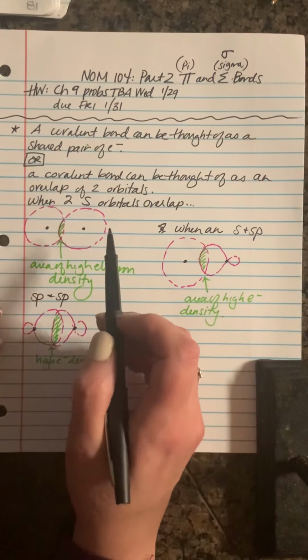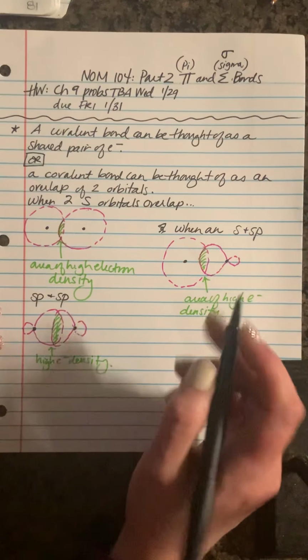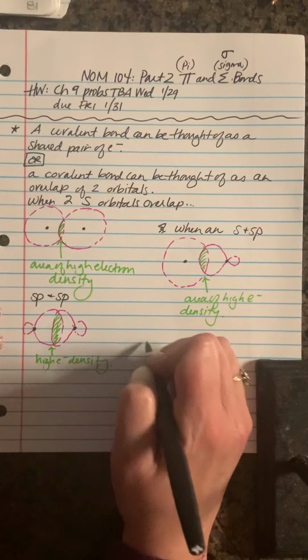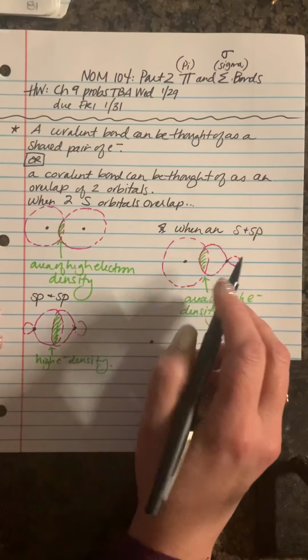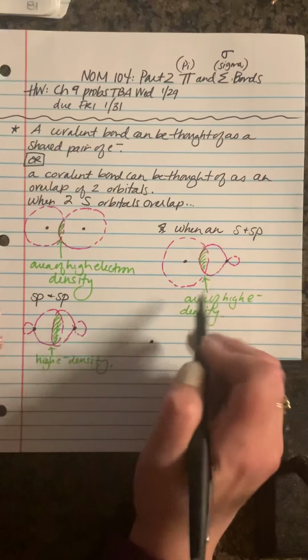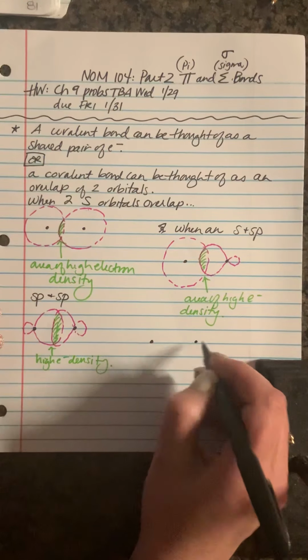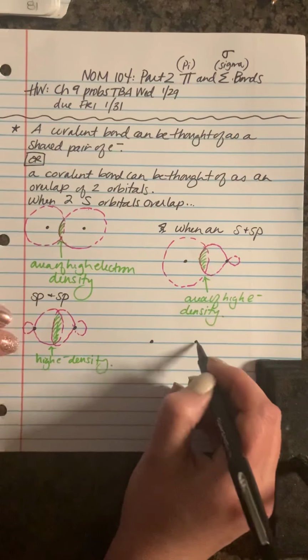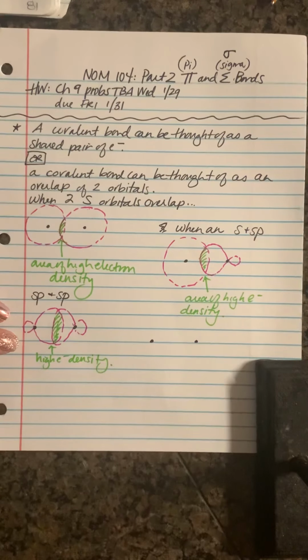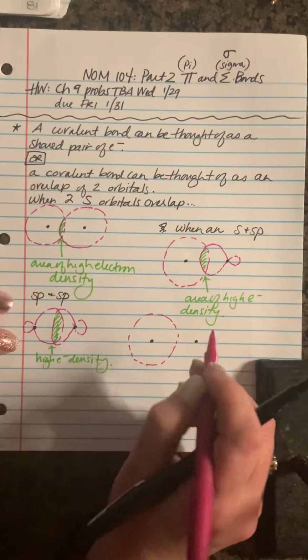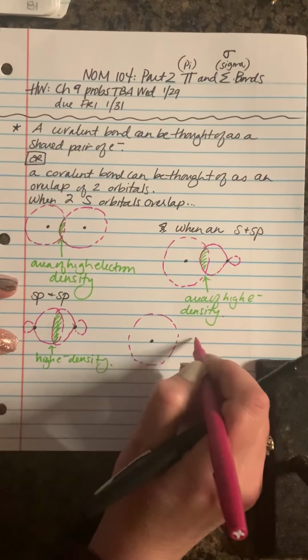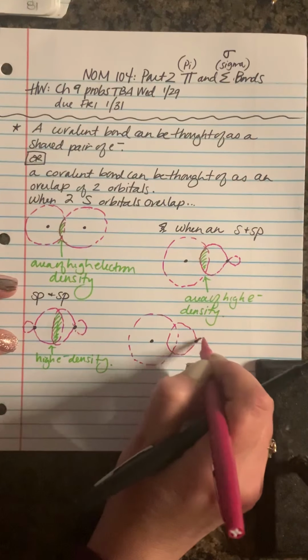And before we get started with that, we want to do a quick definition. And that is, if I draw two orbitals that are overlapped, for instance, like this, or two atoms that are bonded, and if we have orbital overlap as an example, and we're going to do an S and an SP.